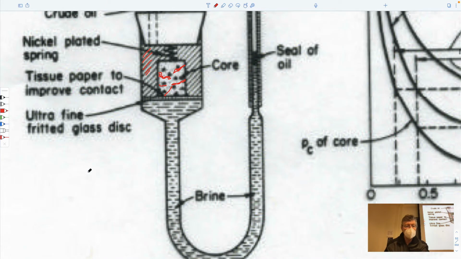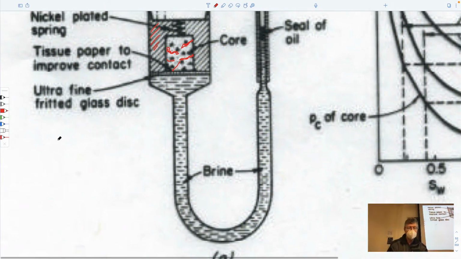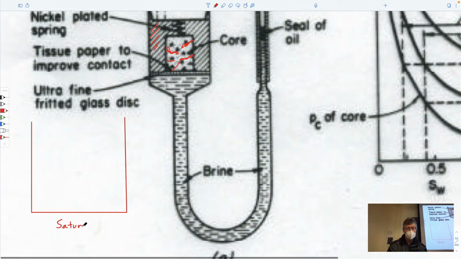And so what you could do, and I'll do it on the same scale, you could make a plot of saturation of water, and if there's no water in it, there has to be something else. It would be NAPL. And if it's 100% saturated with water, then there can be nothing else in it. So it starts out at 100% saturation of water.